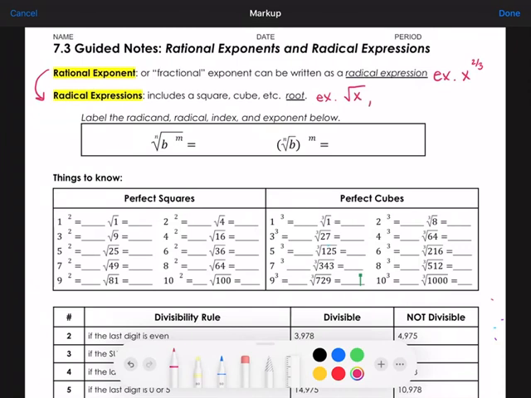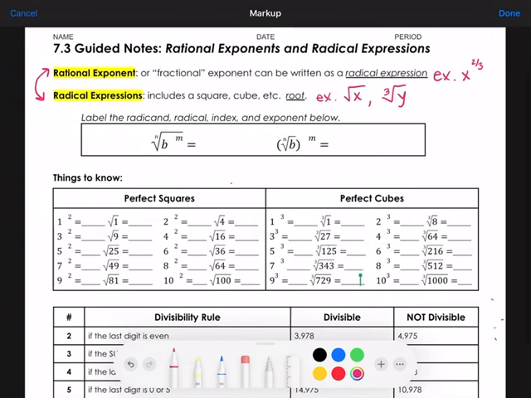A radical expression, you might have seen these before, includes things like the square root of x. We could have the cube root of y, and we can have other complex radical expressions. Rational exponents can be written as radical expressions, and radicals can be written as rational exponents as well. So we're going to learn how to do that.